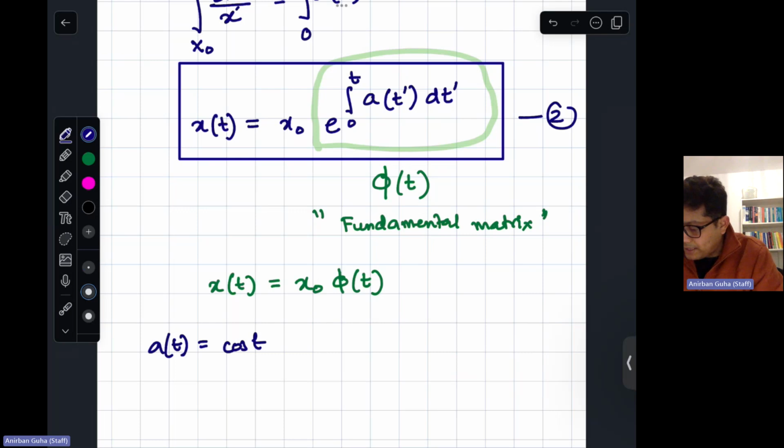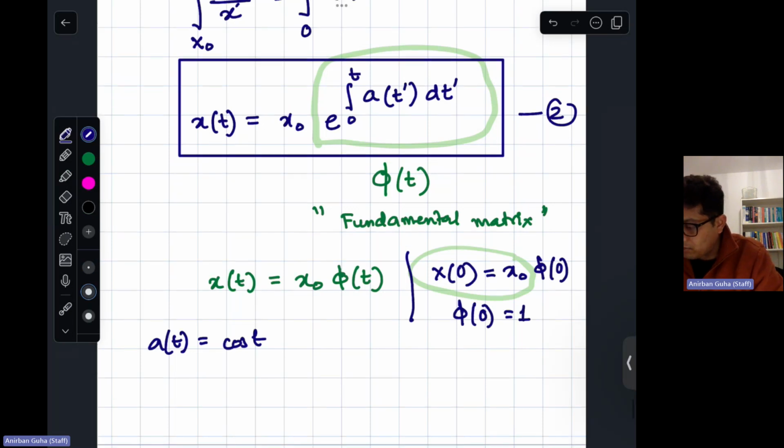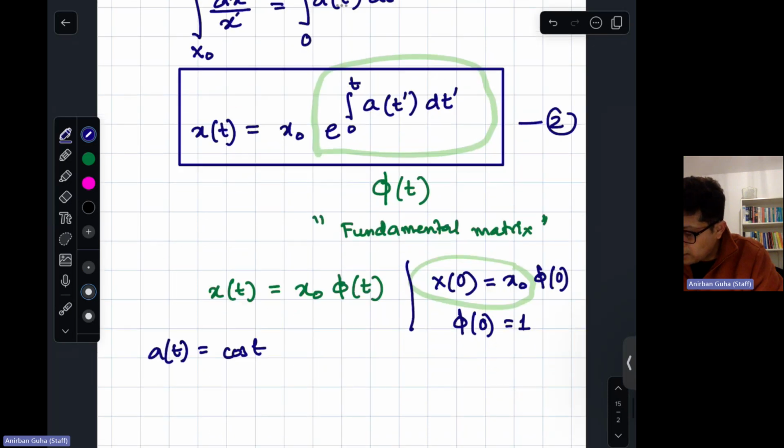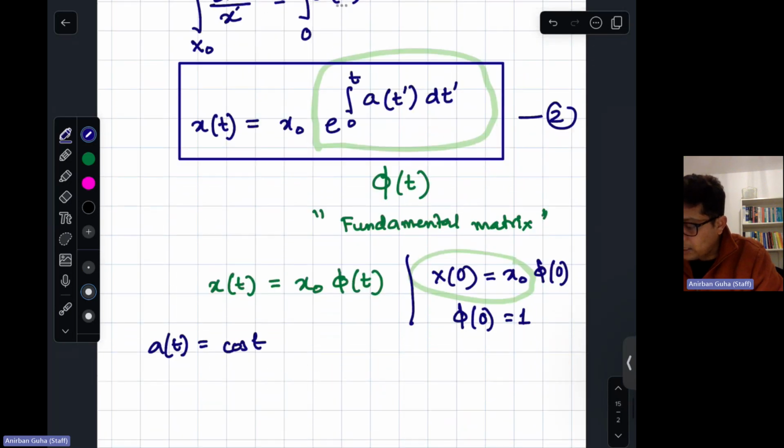But before we even take the example, just realize that if we put t equals 0 here, x of 0 equals x0, it must be so, which means phi of 0 must be 1, and you can of course see here that the fundamental matrix phi at 0 is 1.